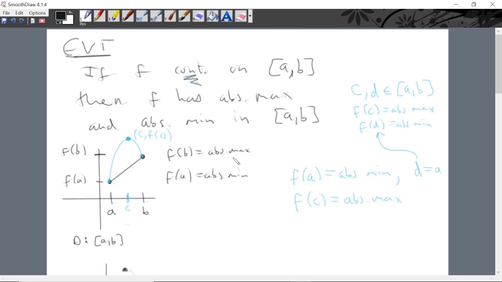The absolute max and the absolute min might be at an endpoint, right? It could be that they're both at endpoints. It could be that one of them is at an endpoint and the other one is not. It also could be that one or the other, or both, are located not at endpoints at all, but somewhere within the interior of the interval.